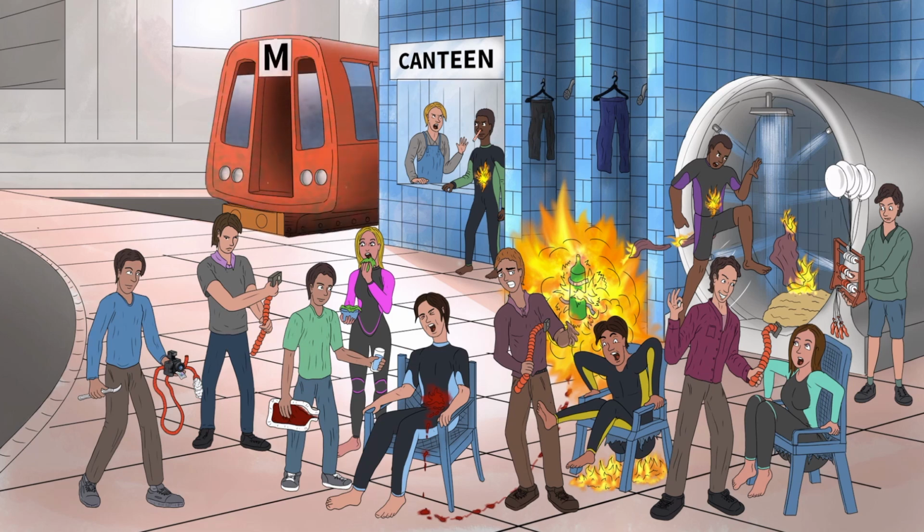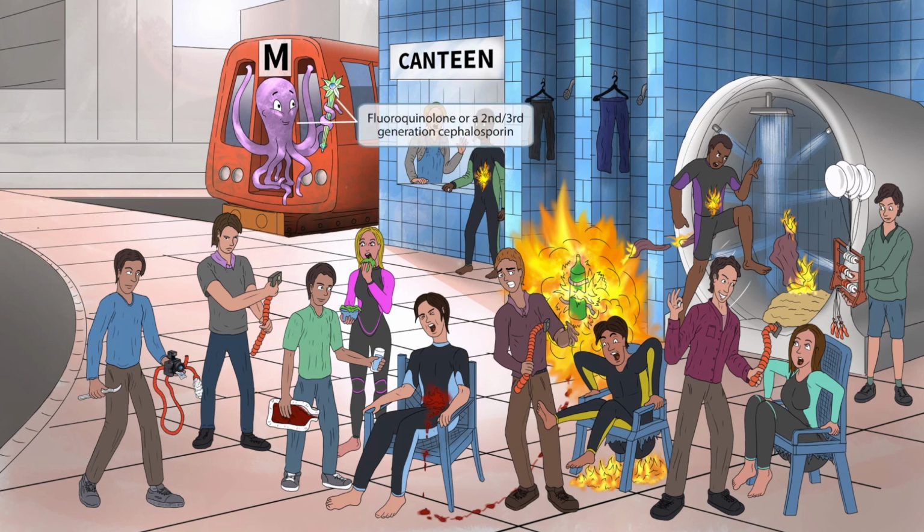This metro train is our recurring symbol for metronidazole, one of the broad-spectrum antibiotics indicated for the treatment of diverticulitis to prevent sepsis. Hanging on the metro, we see a cephalopod holding a flower, representing the other two broad-spectrum antibiotics indicated here, a fluoroquinolone or second, third generation cephalosporin, respectively.